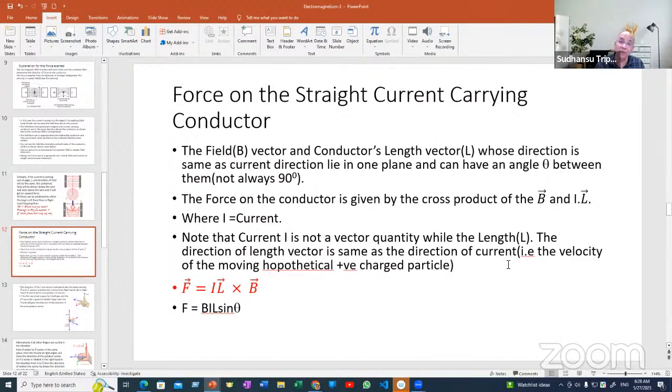And if you do it the other way around, B cross A, you have to go B first and then come to A. So B cross A will have the same magnitude, AB sine theta, but the direction is opposite.